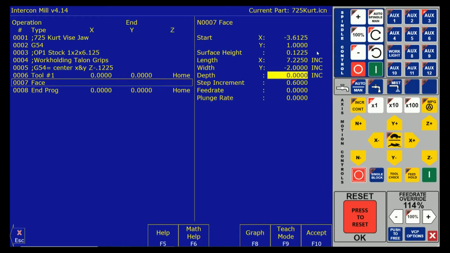And then here's a depth. It knows from up here on surface height where it's going to find stock, and it needs to know how much of that you want to take off. In our case, we're going to take all of that off. 0.1225.